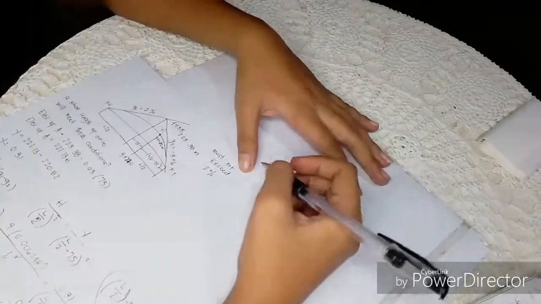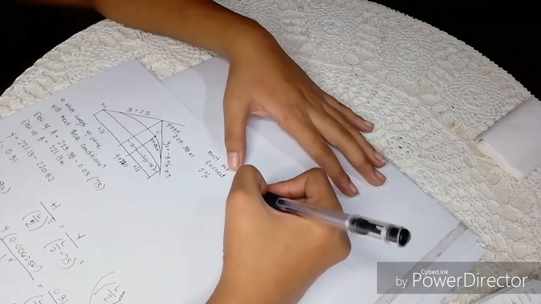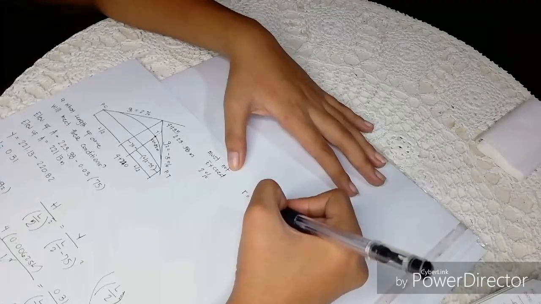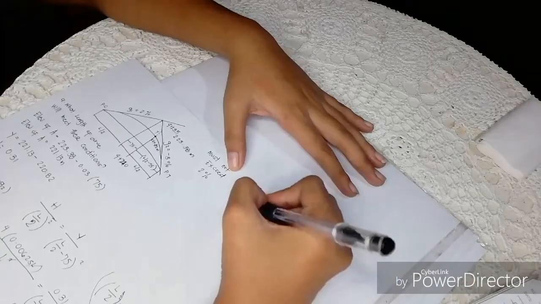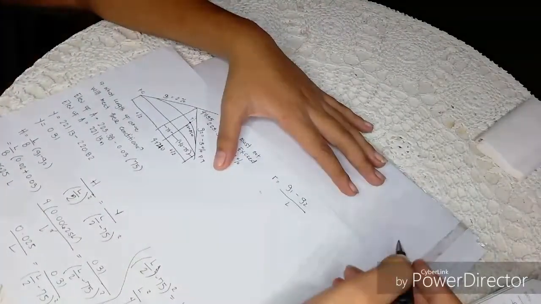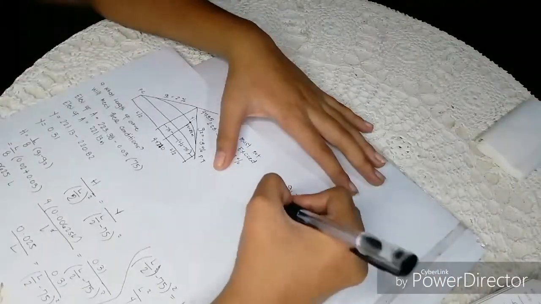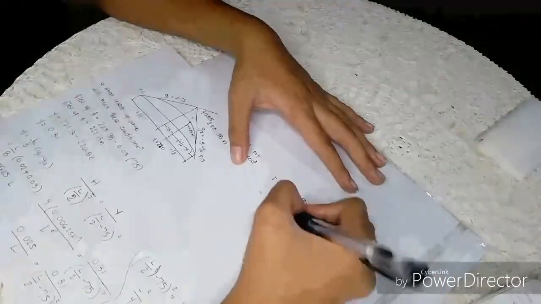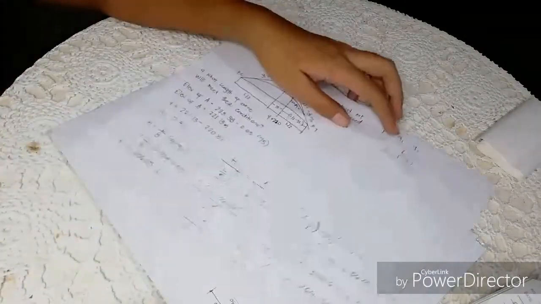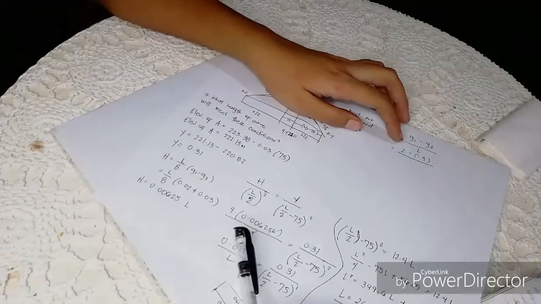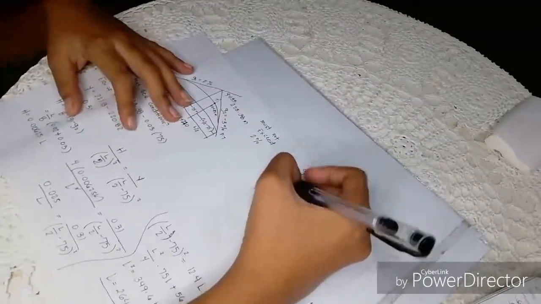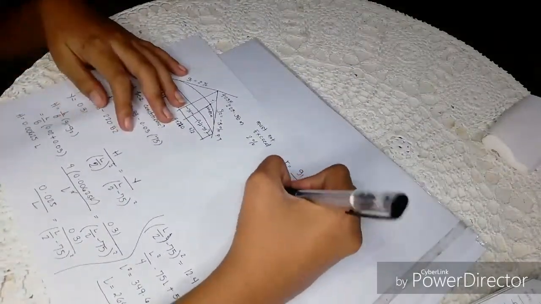Kaya ang gagawin natin, yung rate of change formula, rate of change is equals to G1 minus G2 all over L, is equals to, substitute natin, 2 minus negative 3 all over L. Ito, nakuha natin kanina, which is 264.55.